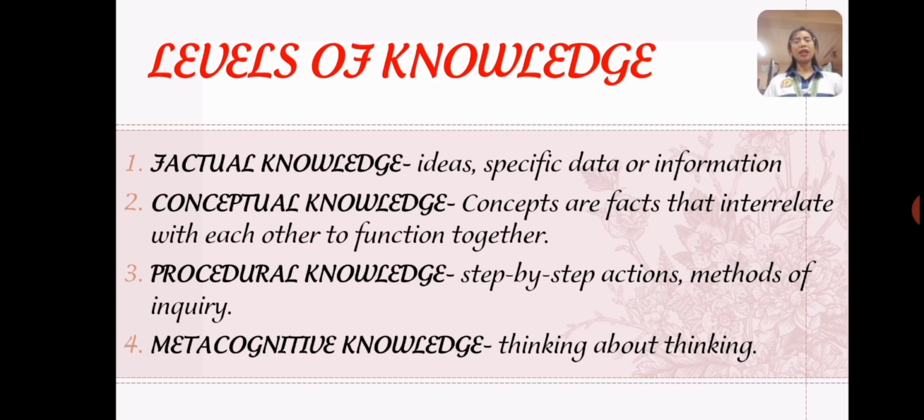For the second level, the conceptual knowledge, it is the words or ideas known by common name, common features, multiple specific examples which may either be concrete or abstract. These are the concepts, or the concepts are facts that interrelate with each other to function together. For example, a learner that knows what is a heart.